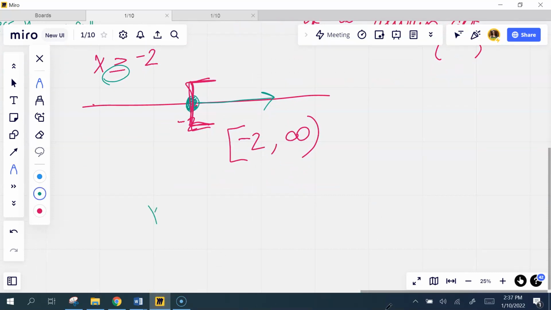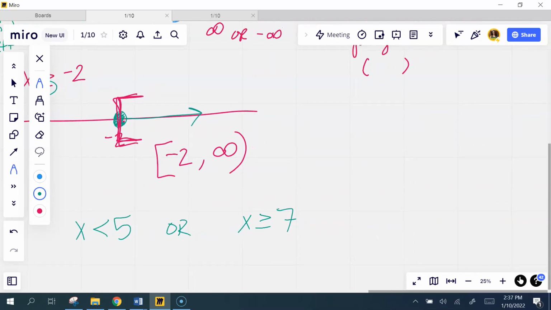Let's say I had x's. Let's do a compound inequality. This is an OR. And so we haven't talked about how to put two inequalities together like this.